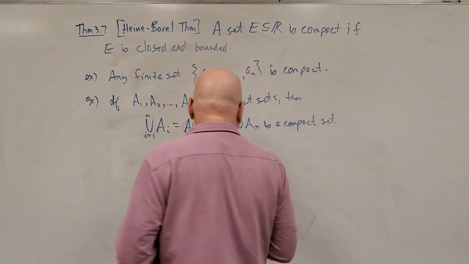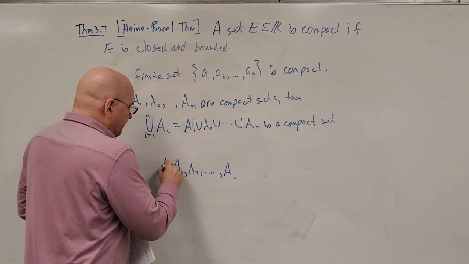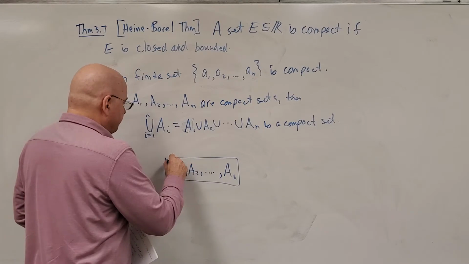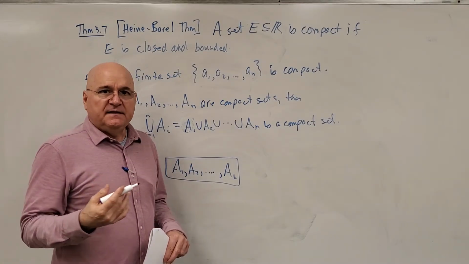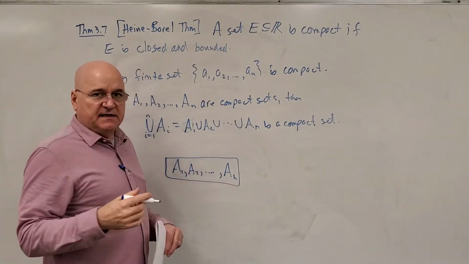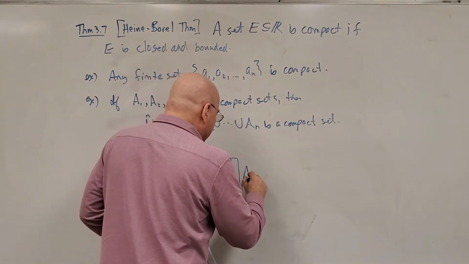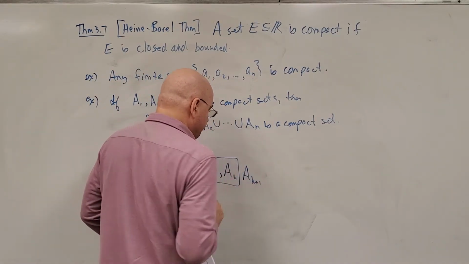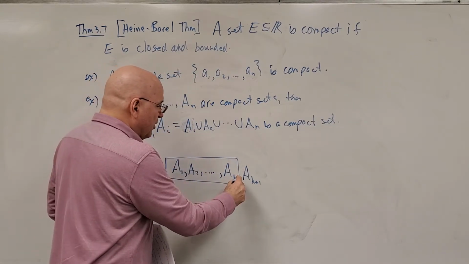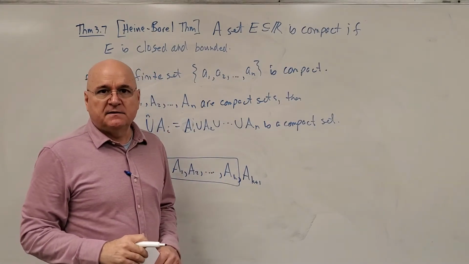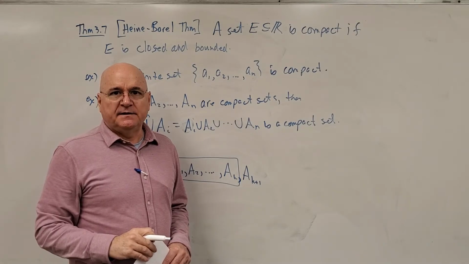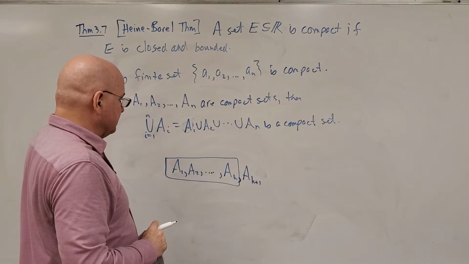Now you suppose, for the induction, that if you have K sets, the union of those sets is a compact set. And all you need to do is tack one more set on and prove that the union of all K plus 1 sets is a compact set. But that's fairly straightforward.